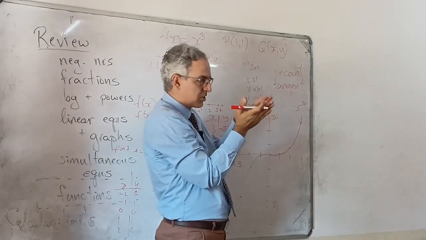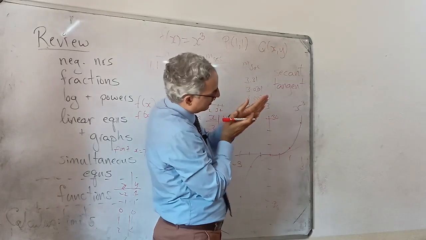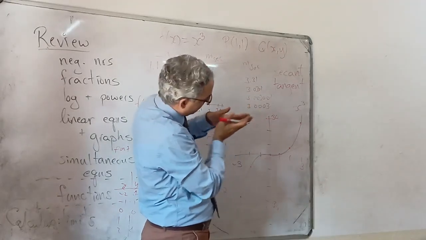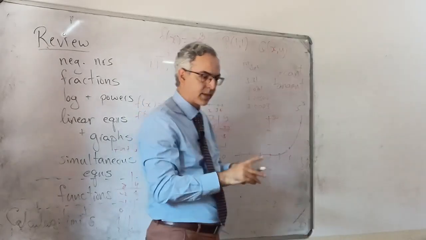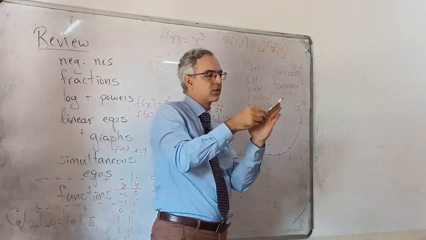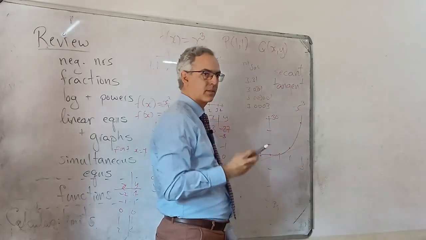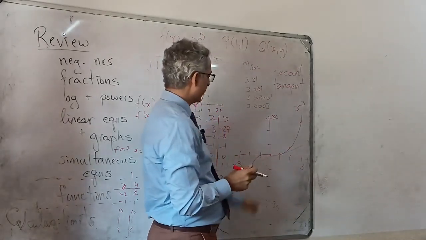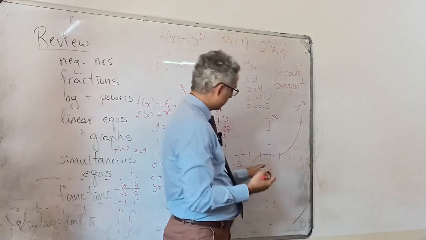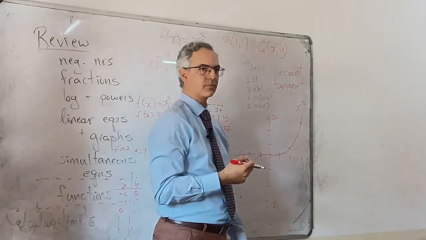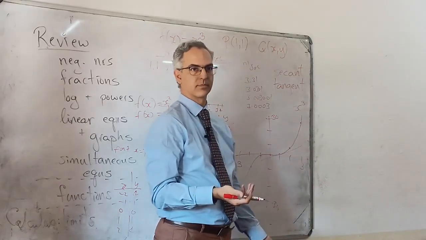The function is going like this, and the line is going like this. It's like taking a flat thing and putting it on a curve, on my head. It only touches at 1 point. That's the tangent. So what we're looking for is the slope of the tangent.